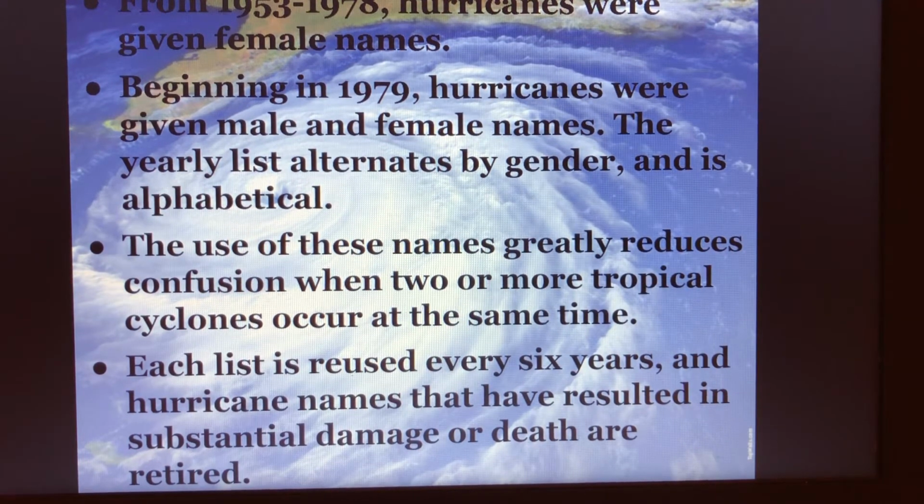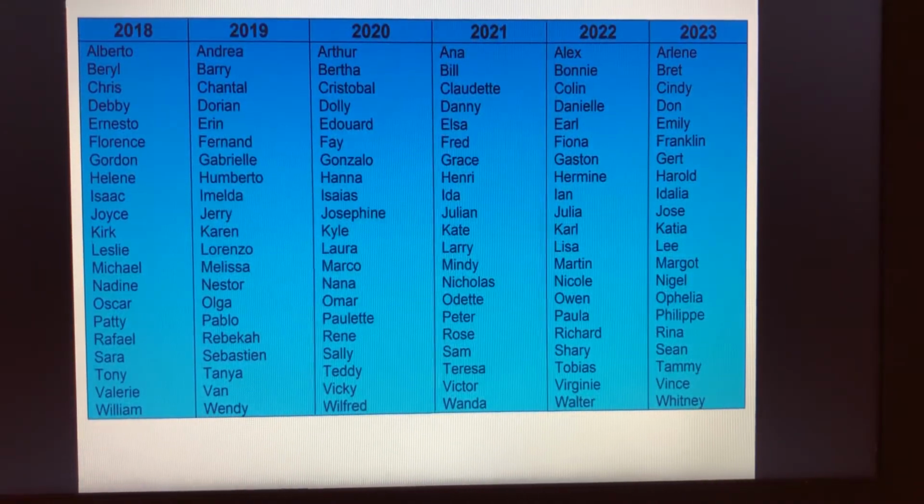Now, they use these names because it stops all the confusion if there's two or more tropical cyclones going across the ocean at the same time. Their list is reused every 6 years, and any hurricane that has resulted in substantial damage or death, that name is retired. So you can see these are the 6-year cycle.